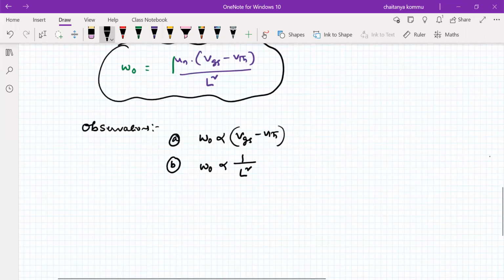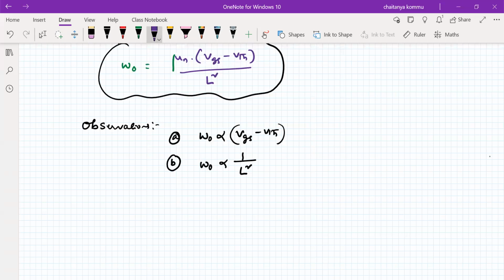Now, very interestingly, the third point is that omega naught is proportional to the mobility of the electron. So far, we have generally assumed that the mobility of the electron is constant.